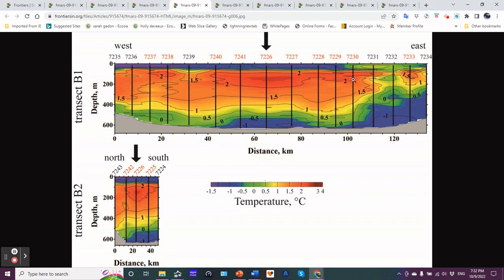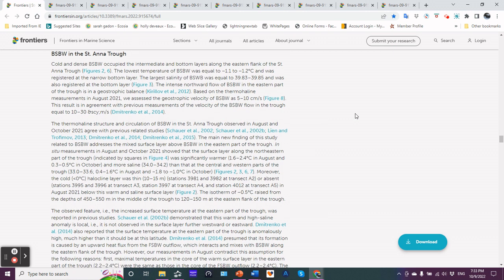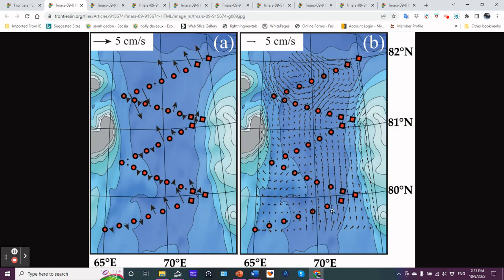This should be figure 6. Again, we see it here, right? So that's what they're referring to there. The intense northward flow of BSBW in the eastern part of the trough is in geostrophic balance. That's this right here.